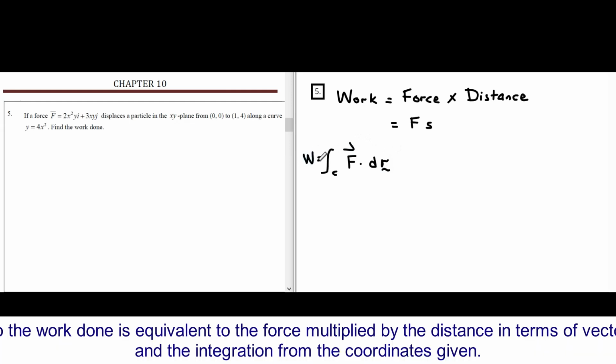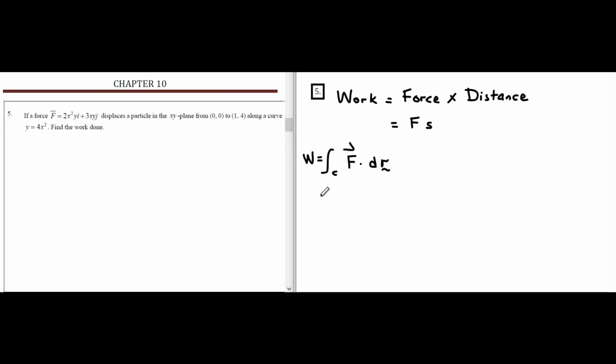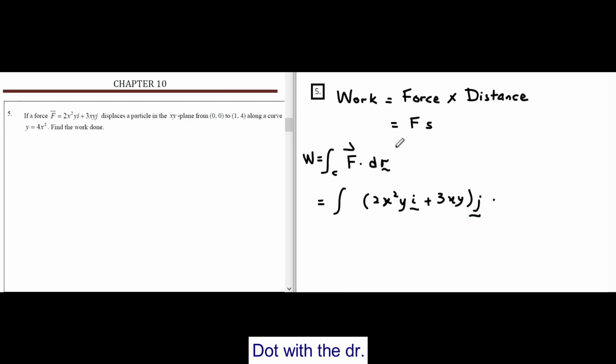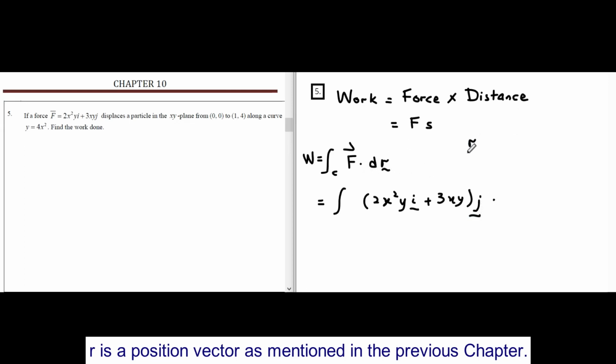So the work done is equivalent to the force multiplied by the distance in terms of vectors, and the integration from the coordinates given, F dot dr. r is a position vector as mentioned in the previous chapter.